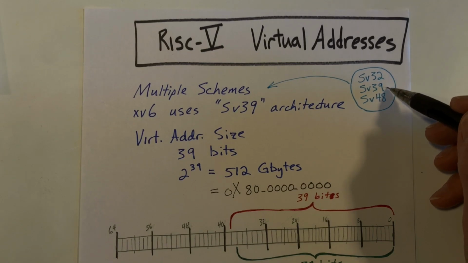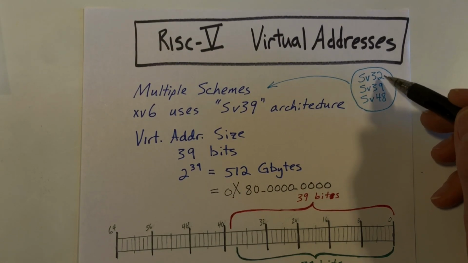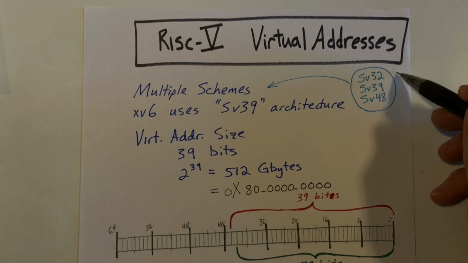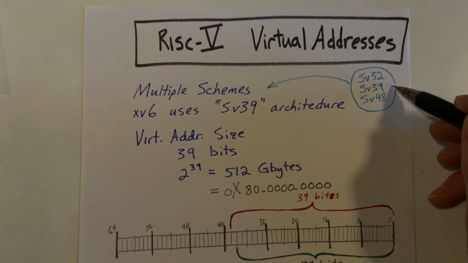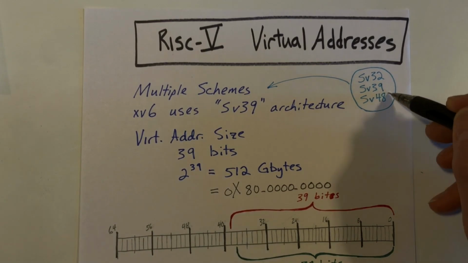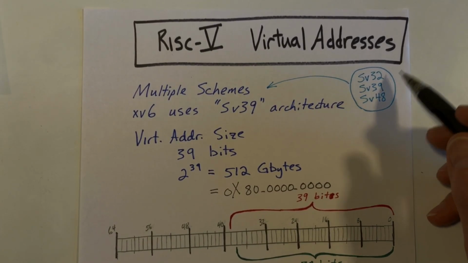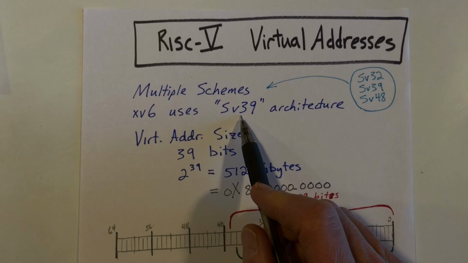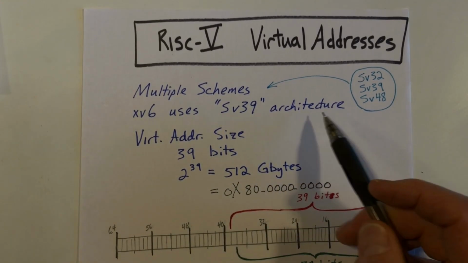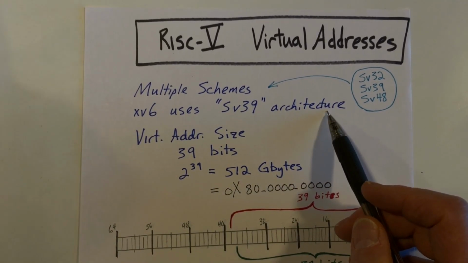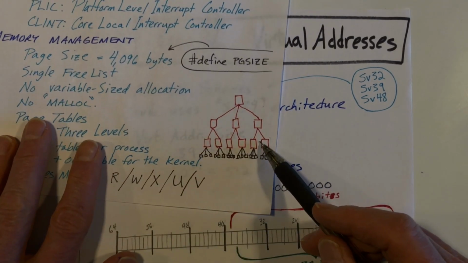The version of the architecture being used for xv6 is the SV39 version. The first one is a two-level page table scheme. The second one is a three-level page table scheme, and SV48 is a four-level page table scheme. So xv6 uses the SV39 architecture, which provides for three-level page tables.